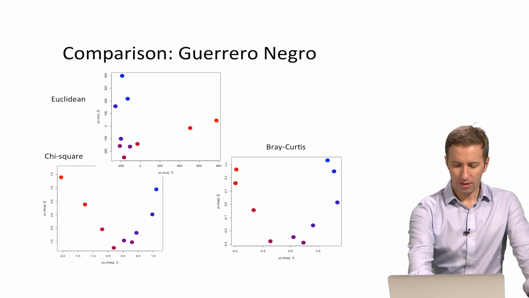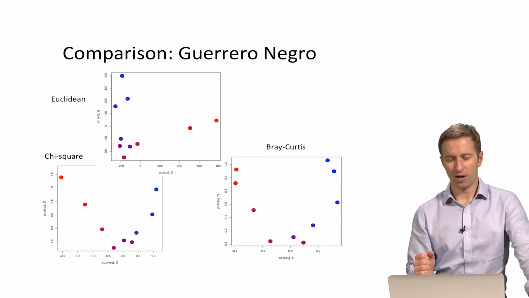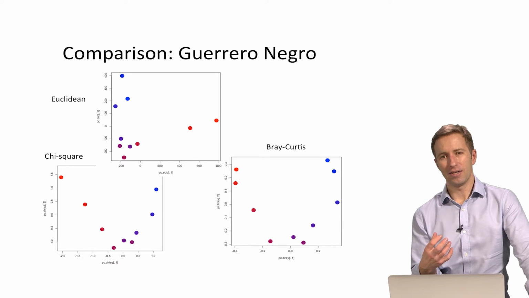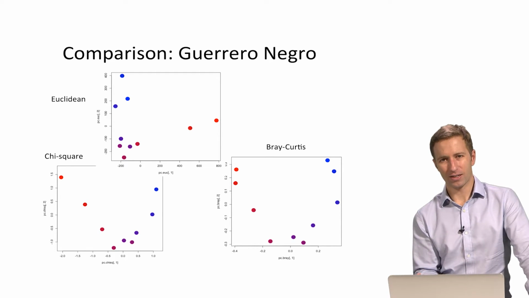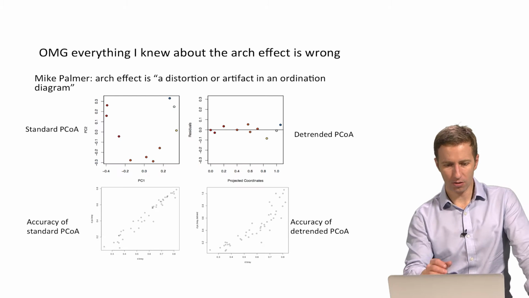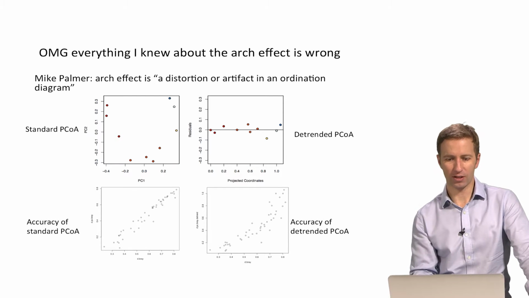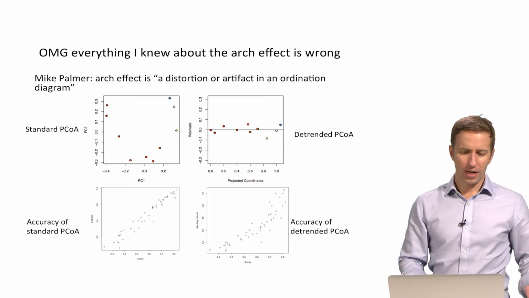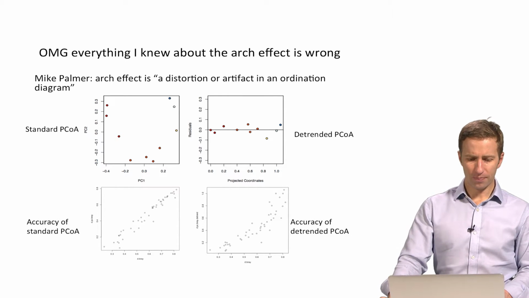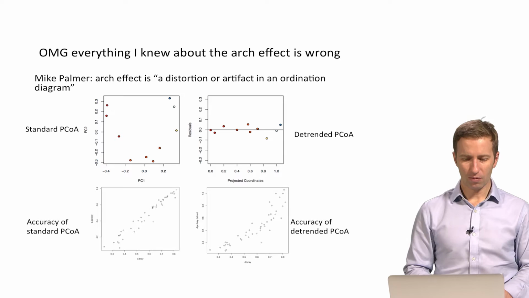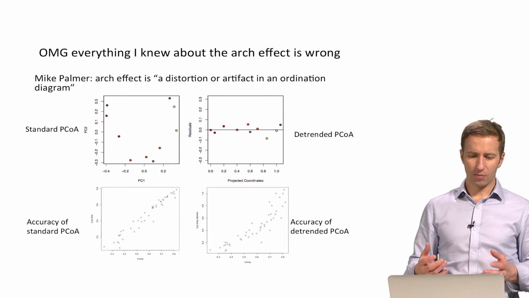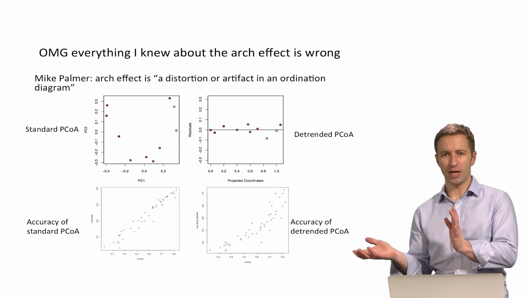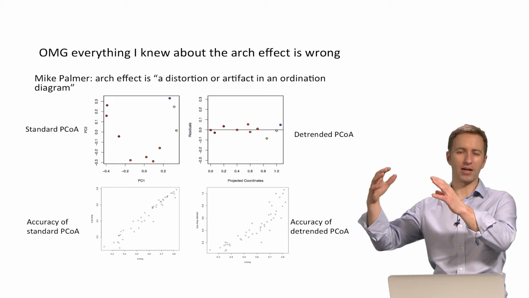And most people think of the arch as being an artifact of the ordination technique. So you'll see this on Mike Palmer's page. Arch effect is a distortion or artifact in the ordination technique. The way people think of it is that something about the ordination is making the ends of the gradient kind of curve back toward each other.